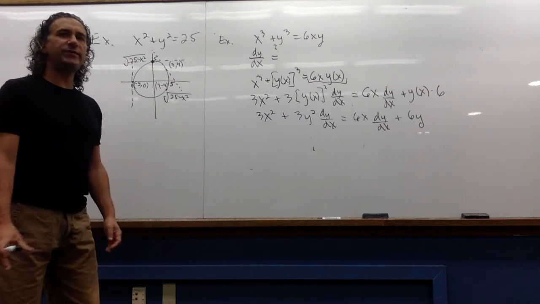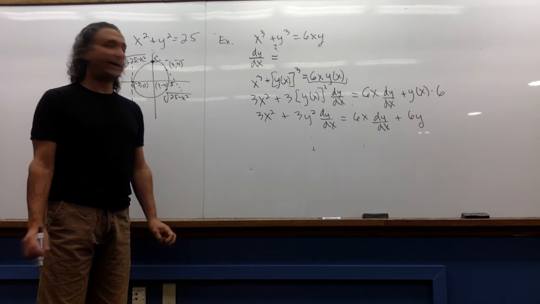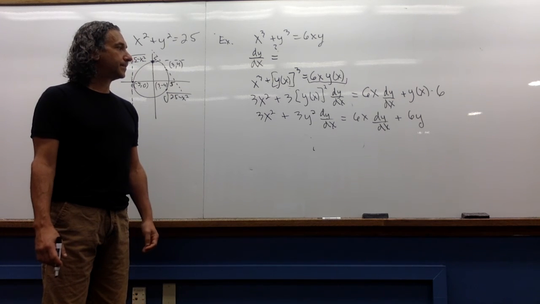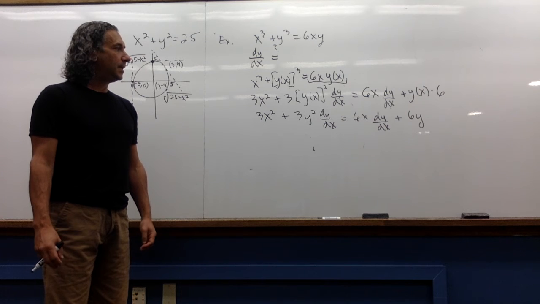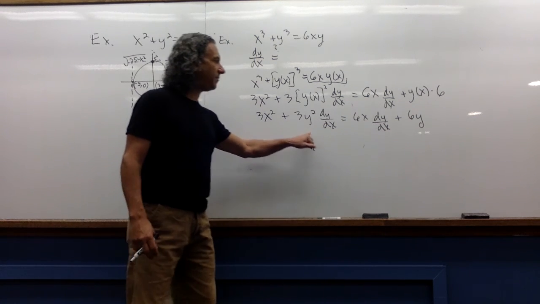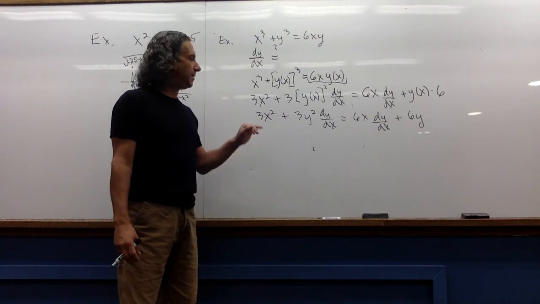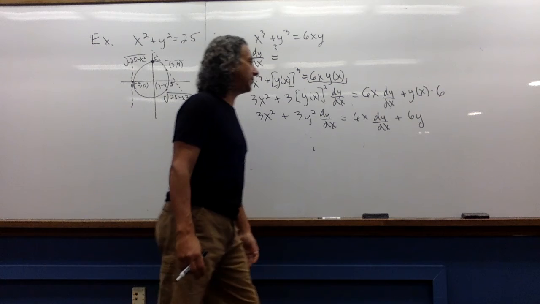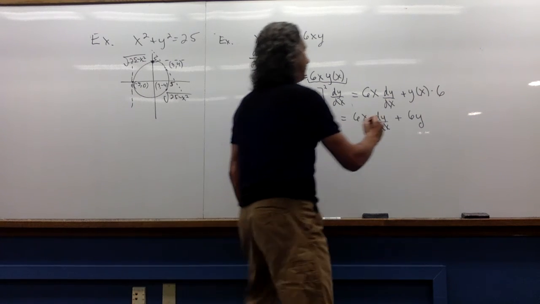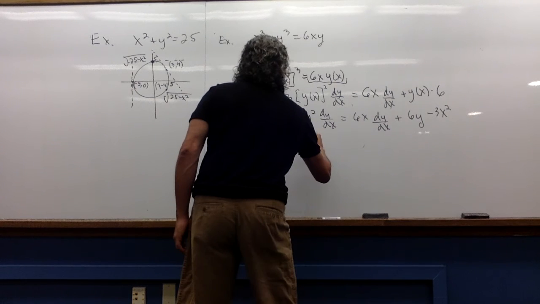So now we need to solve for dy dx. Pause the video again and see if you can do that. All right, hopefully you gave that a shot. My strategy is going to be to put all of my dy dx stuff to the left and then factor out dy dx, put all of my non-dy dx stuff to the right. So let me bring this guy over here. Let me bring this guy over here.